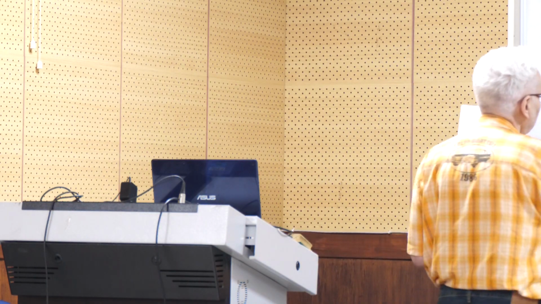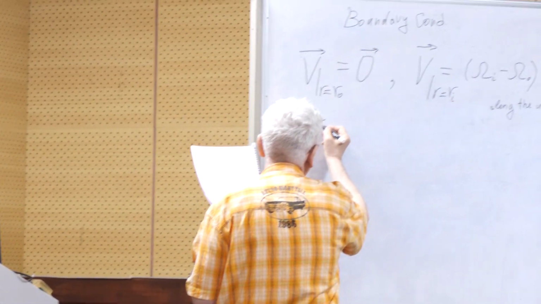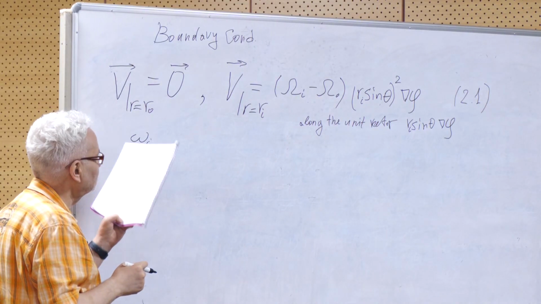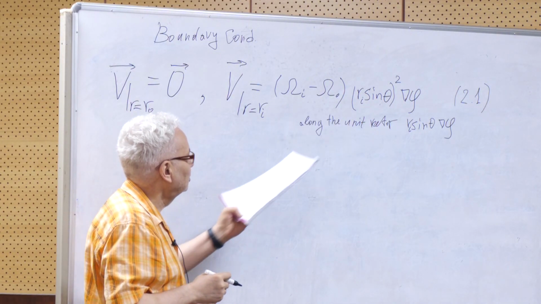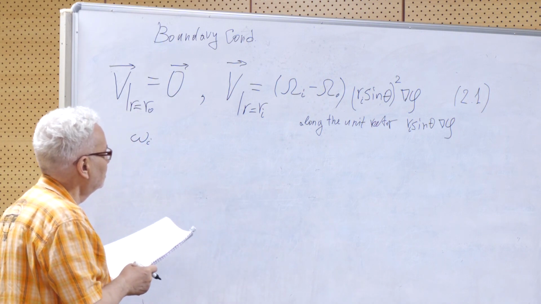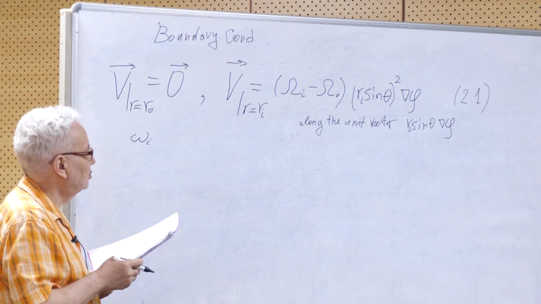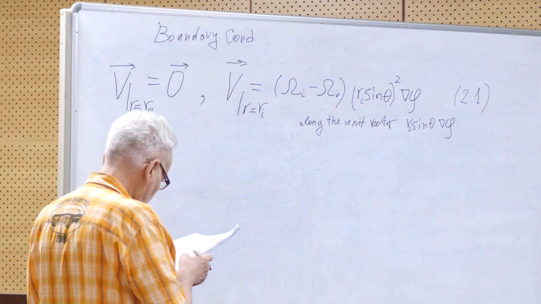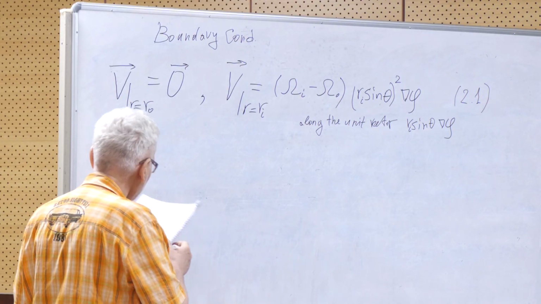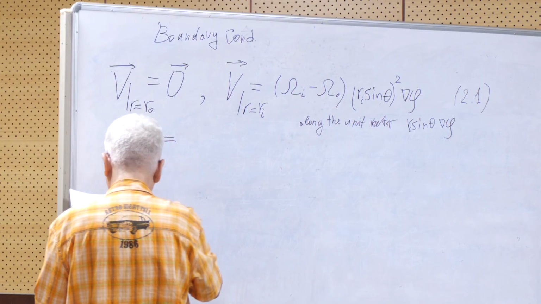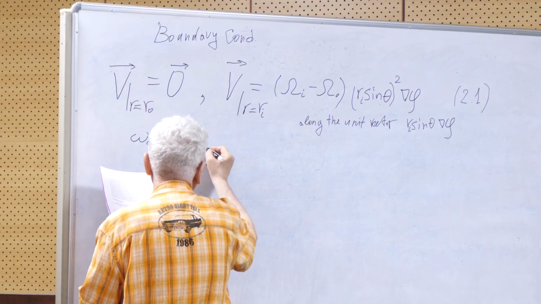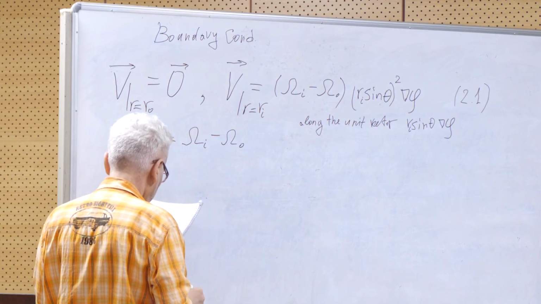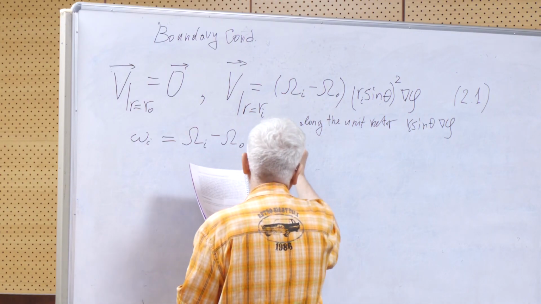Its source we can rename by small omega I. Why small? Because actually it's really very small in comparison with the capital omega and 2 capital omega. The difference could be up to 10 to the minus 9. So it's a tremendously small value, but nevertheless it produces a valuable flow. So it's omega I, which produces everything, omega I minus omega O in our case. This is equation 2.2.